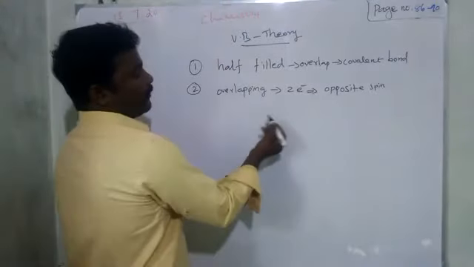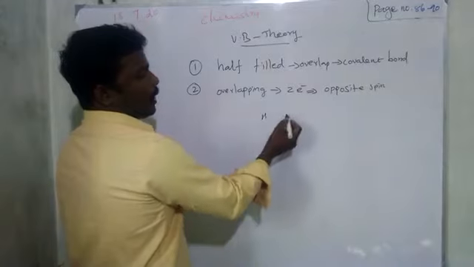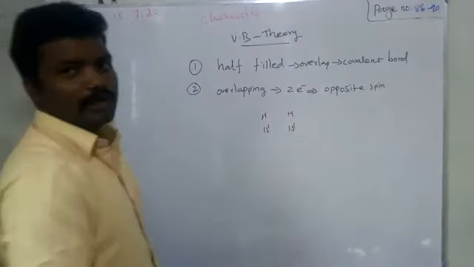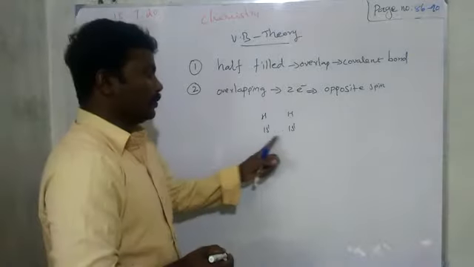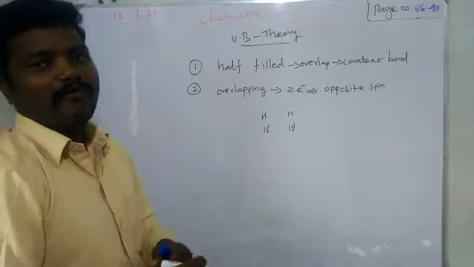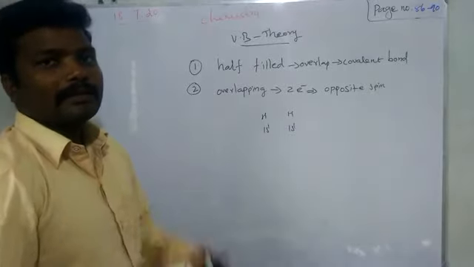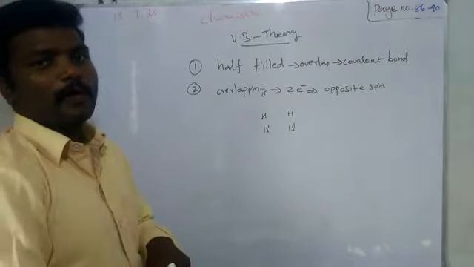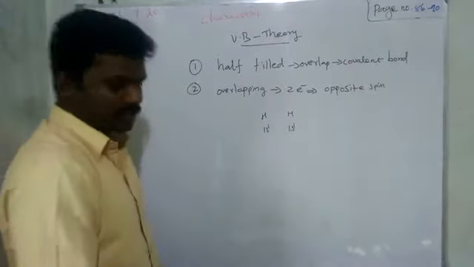For example, if you take a hydrogen molecule to form, it will have 1s1. Another hydrogen also will have 1s1. So both will have the overlapping. After overlapping, what will happen? The two electrons from each hydrogen occupy the same orbital with the opposite spin.